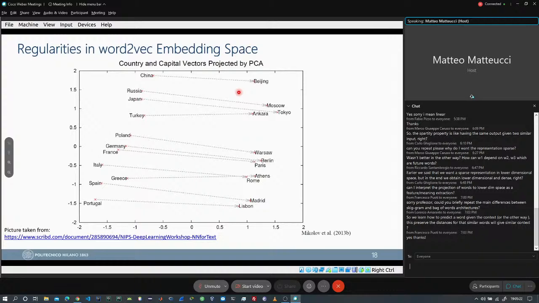And basically this distance is constant because it is represented usually by the set of words which state Beijing is a marvelous city and it is the capital of China. Moscow is a marvelous city and it is the capital of Russia. Ankara is the capital, and so on. So you see that this difference is constant, and this is not enforced.